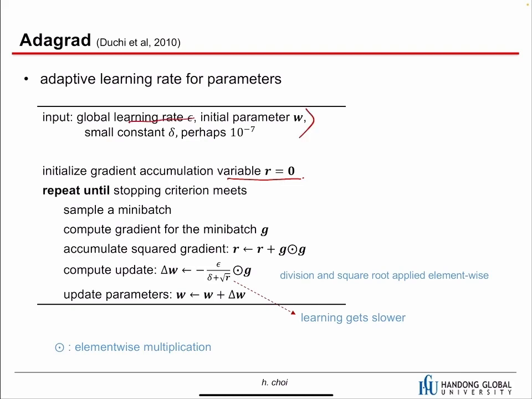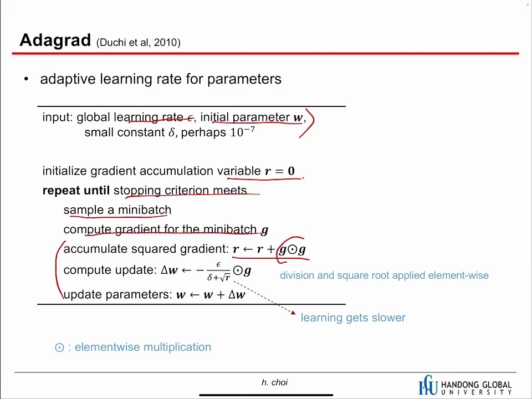So the learning rate and initial parameters are initialized in the same way, and we use the same stopping criterion, and then take the mini batch. So far so good, and compute the gradient for the mini batch. So far so good, and this is the difference between the previous one and AdaGrad. We accumulate the squared gradient r.